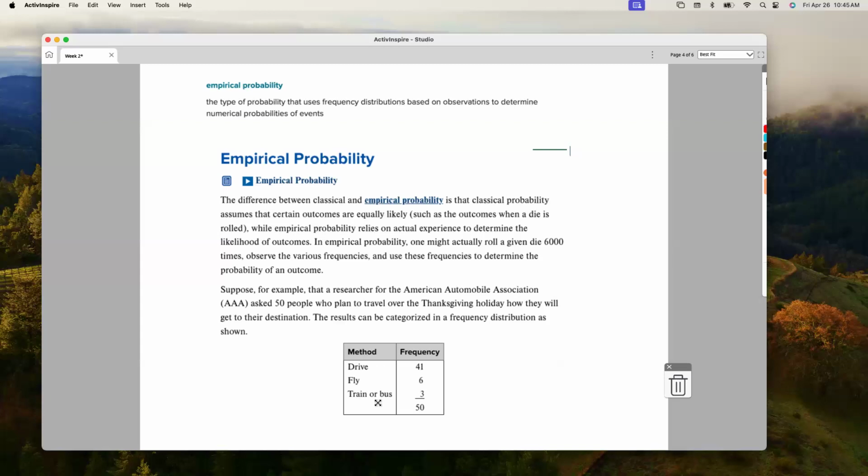Obviously, if we asked a different 50 people, we would get slightly different results. But in the long run, we should pretty much settle in on some proportion or ratio. Now, 50 isn't a lot when you're dealing with empirical probabilities. Usually we deal with things in the hundreds and thousands, and so forth.